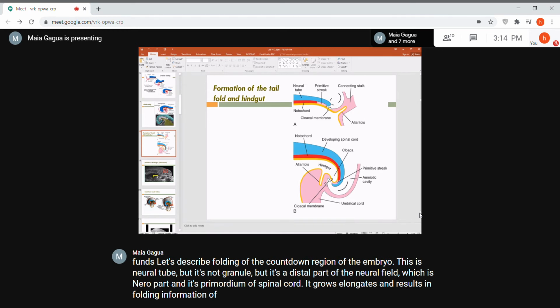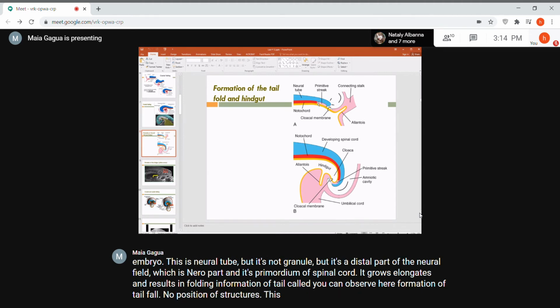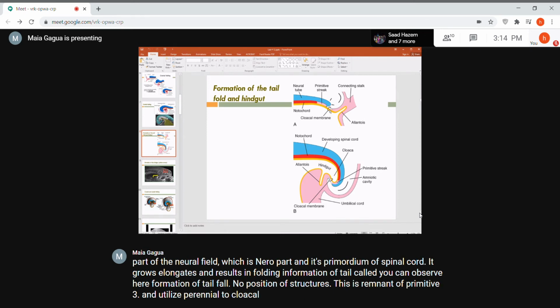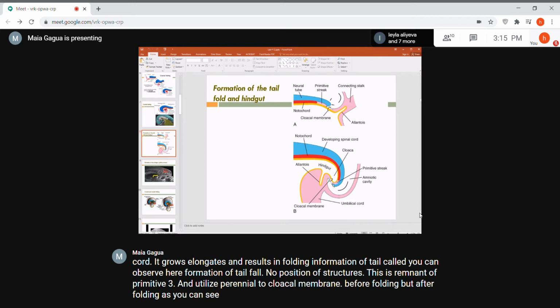You can observe here formation of tail fold. Now position of structures. This is remnant of primitive streak, and it lies cranial to cloacal membrane before folding. But after folding, as you can see, primitive streak lies caudal to cloacal membrane.